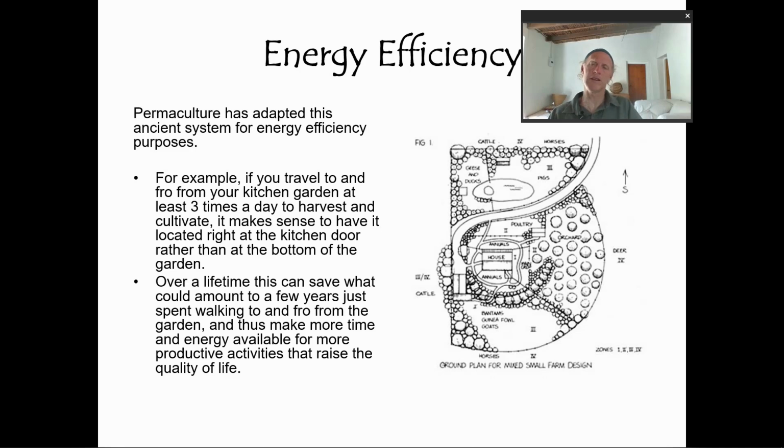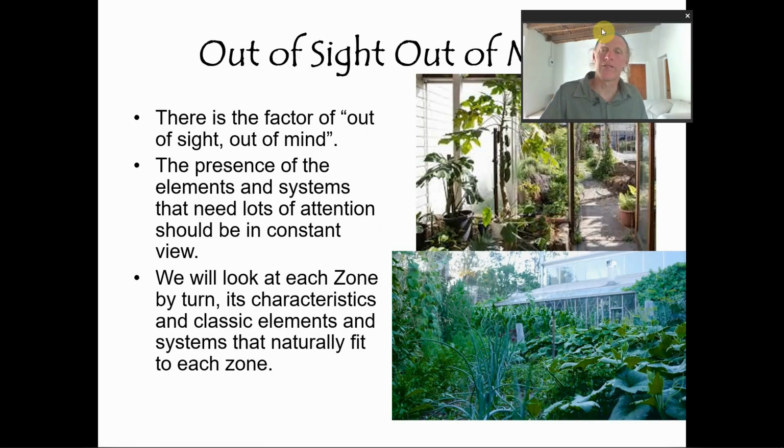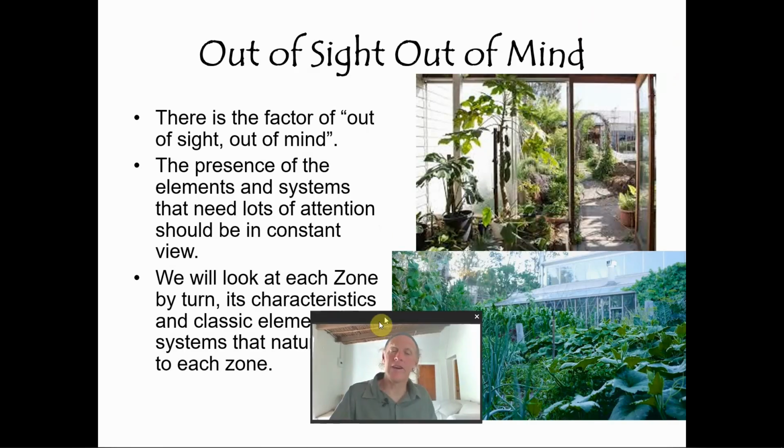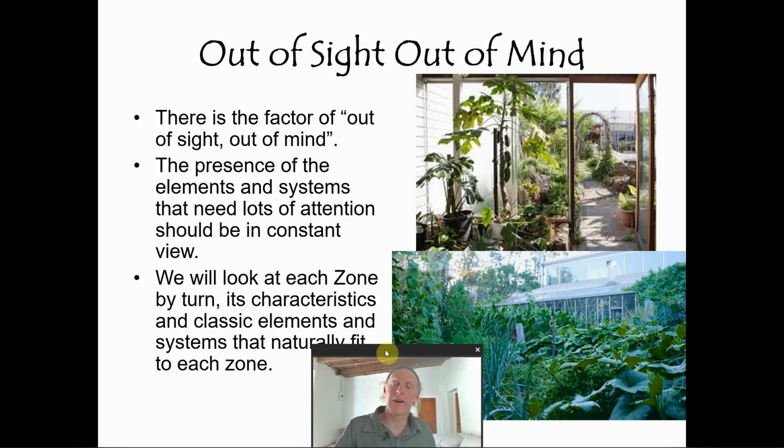They were so wealthy they didn't need to grow their own food. And the other aspect is out of sight, out of mind. If you're not able to observe something constantly, you lose track of it.